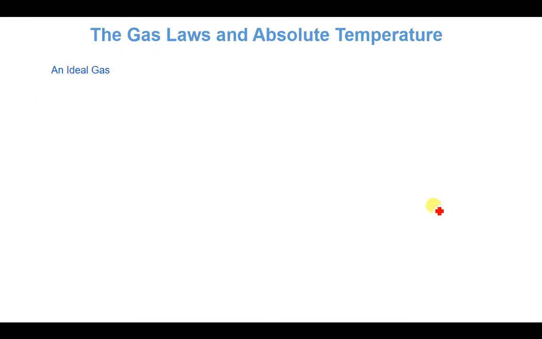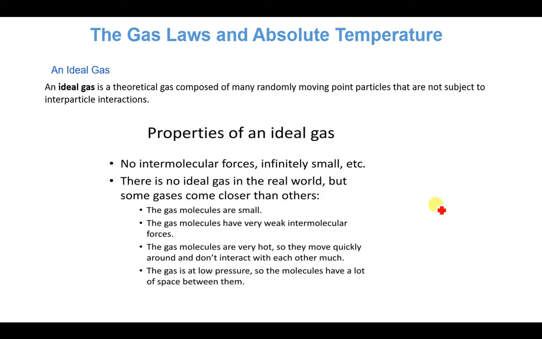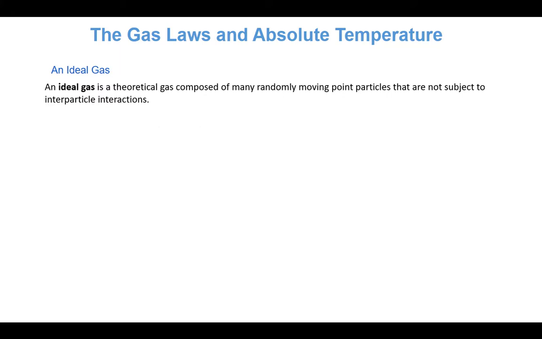So let's quickly move on and look at the gas laws. Before we talk about the gas laws, we need first to talk about an ideal gas. We need to know what an ideal gas is and its properties. An ideal gas is just a hypothetical gas.